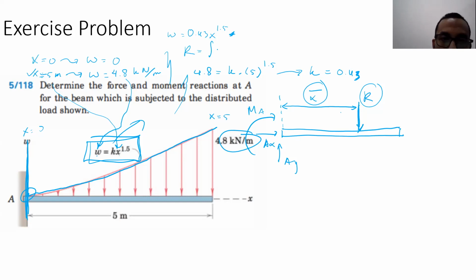Okay. R is supposed to be the integral of w dx, right, from x0 to x1. So in this case it is the integral from 0 to 5, right? Yes. Okay. w is actually 0.43 x to the power of 1.5 dx, like this. Right? Yes. Can you help me to find out the value?